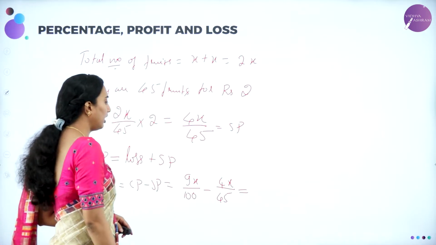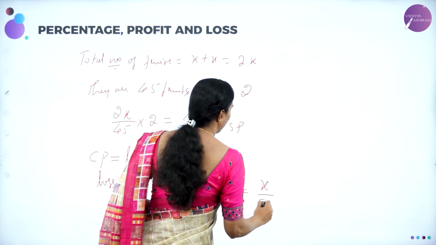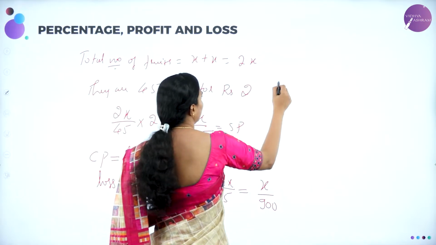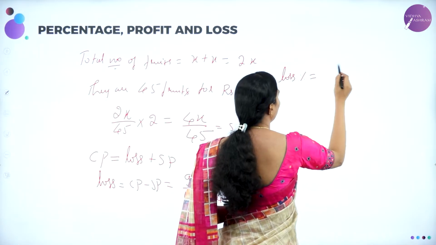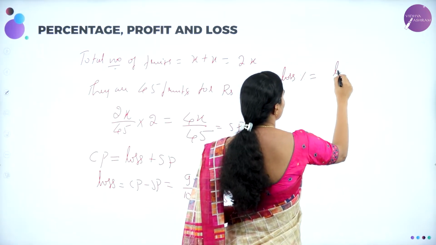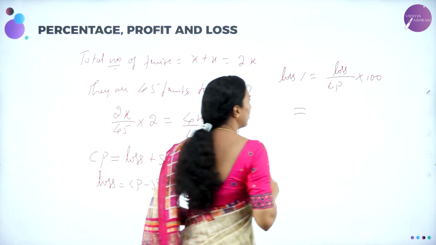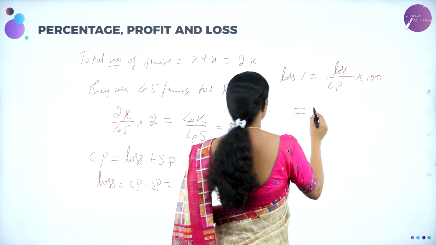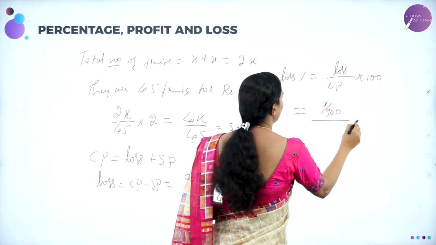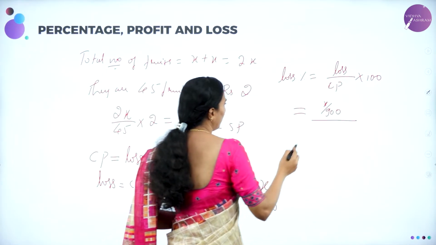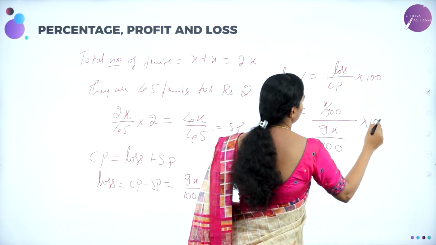So therefore here after calculating, you are going to get the answer X divided by 900. But they've asked you to calculate loss percentage. Loss percentage is equal to, what is that? The formula you are going to have is loss divided by CP into 100. So loss is X divided by 900 divided by CP, which is 9X divided by 100, into 100.